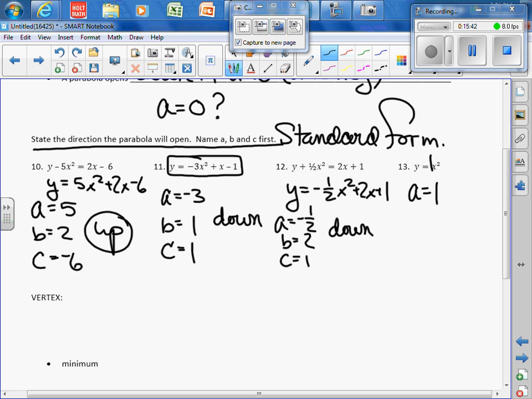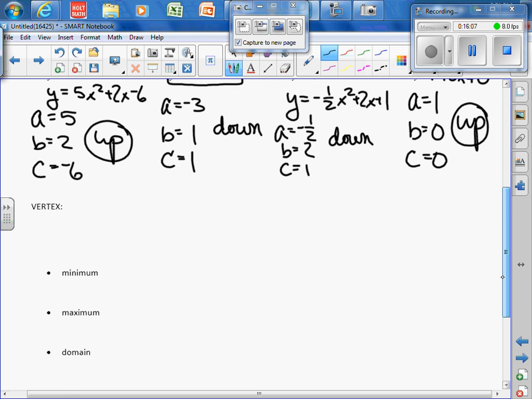Now remember that x, how many x terms are there? There are 0, so b is equal to 0. What's the number that's out here by itself? Well, there isn't one, so that means c is equal to 0. So we have a is equal to 1, b is equal to 0, c is equal to 0, and because a is positive, it opens up.